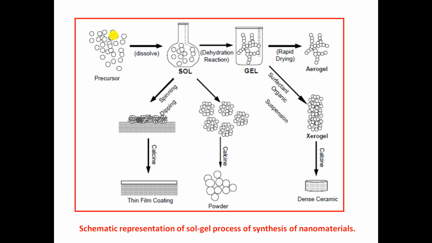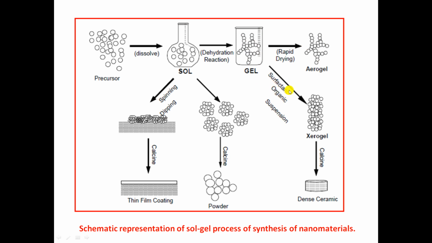After dehydration of sol, we get the gel. A gel is a solution in which solid particles are meshed such that a rigid or semi-rigid mixture is formed. When this gel material undergoes rapid drying, it forms the xerogel.